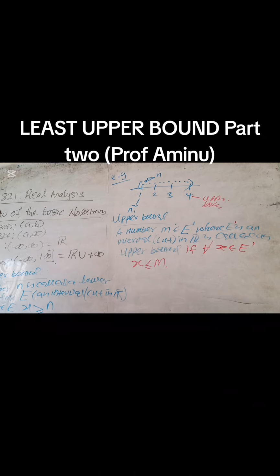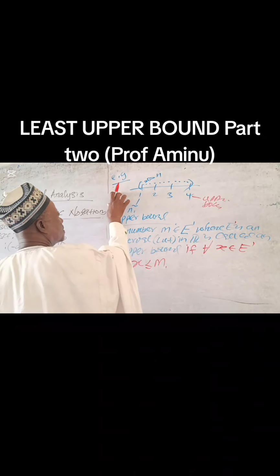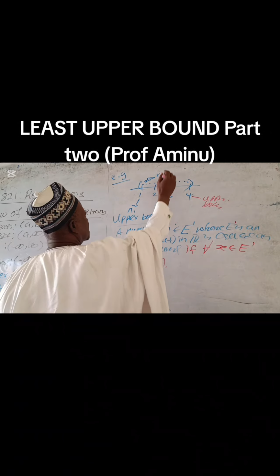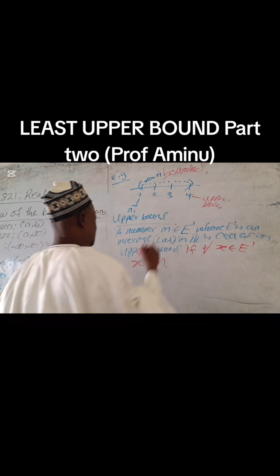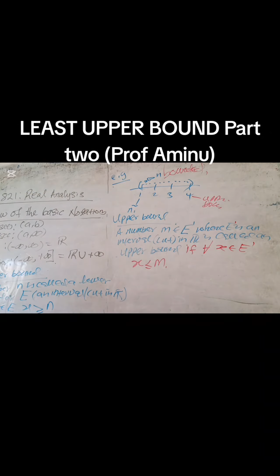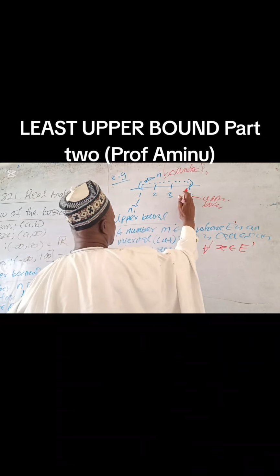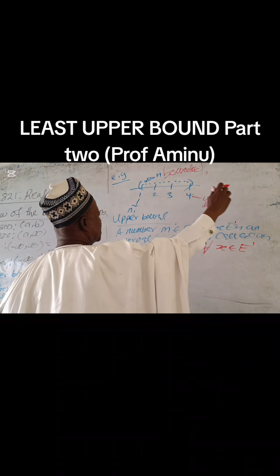So when an interval has a lower bound and an upper bound, we say it is what? Bounded, isn't it? We'll now discuss what is least upper bound. If this has a bound, what is the least upper bound?